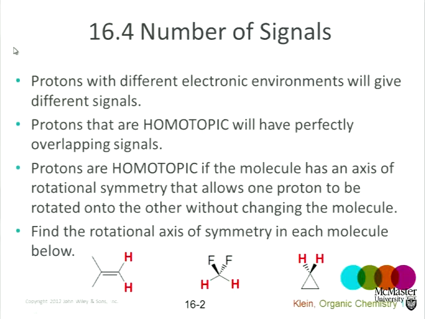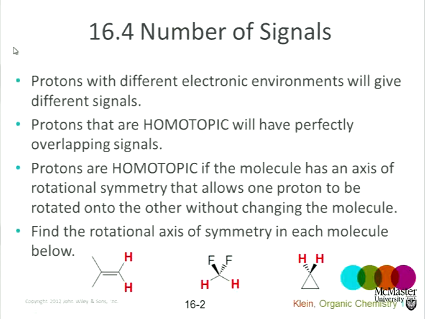CH2F2, again, okay, these two are related by a rotational axis of symmetry. For those of you who care and you want to make it more complicated than it is, I think it's fairly clear that those two hydrogens really look the same, and if I take the molecule and turn it over, I can swap them around, and the same with the cyclopropane molecule, the 3-methyl green.